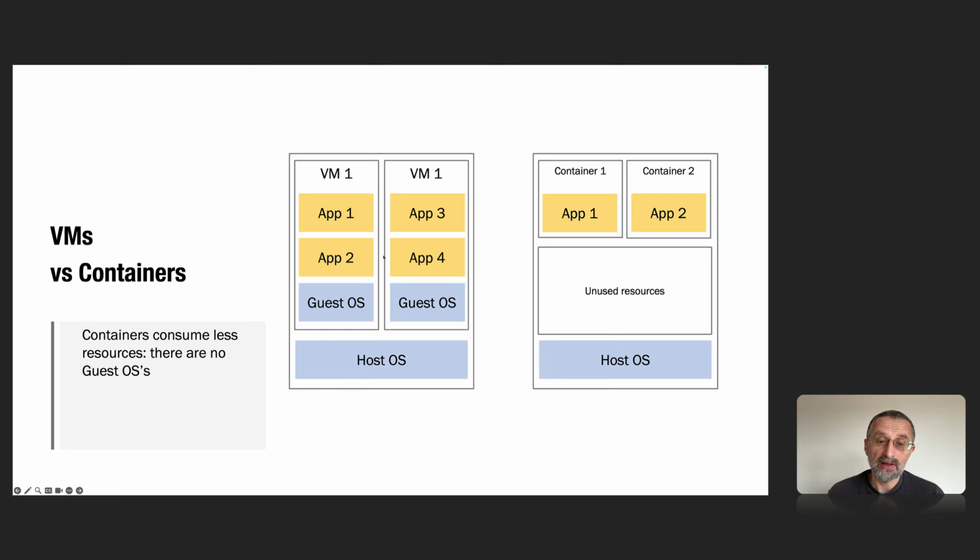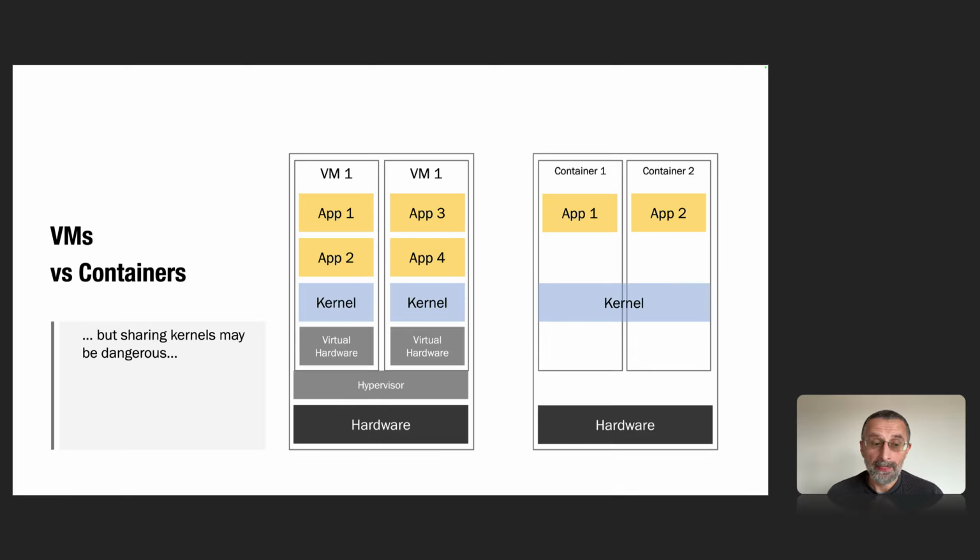So there is almost no risk that there will be a data leak or some influence from one virtual machine to another. But that may be, due to sharing, a danger in containers, specifically because we can share kernels.